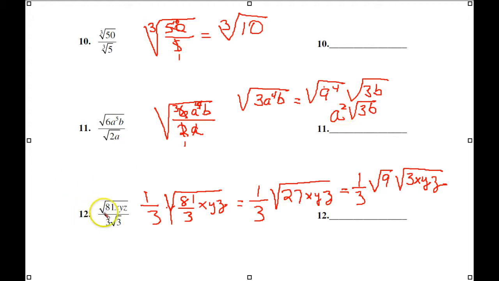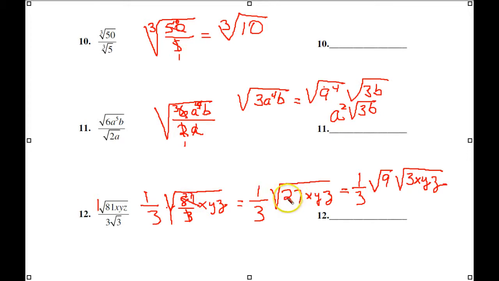Number 12 is rather tedious, but I did it so you could follow it step by step. I would do some of this mentally, but I wrote it all out. So here, remember there's a 1 out in front, so there's the 1/3. I then incorporated this square root of 3 under the radical sign. This will cancel, and I get here 27, which is what I have here.